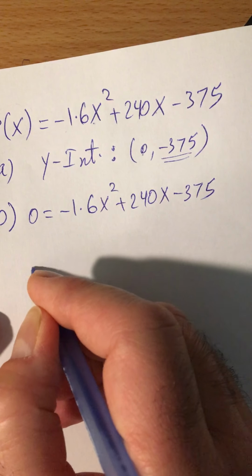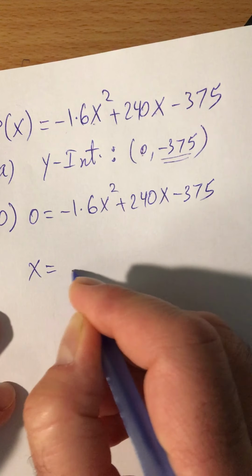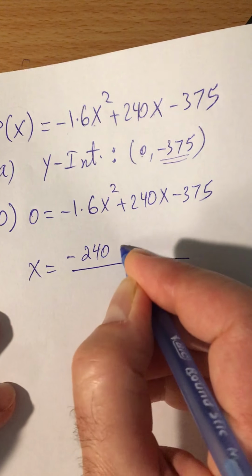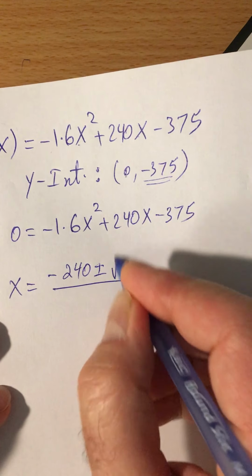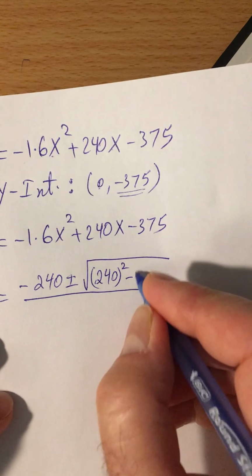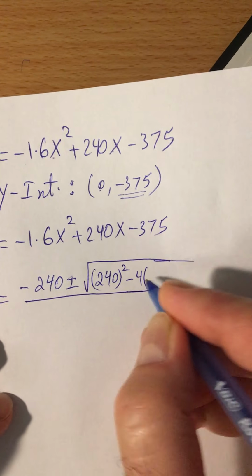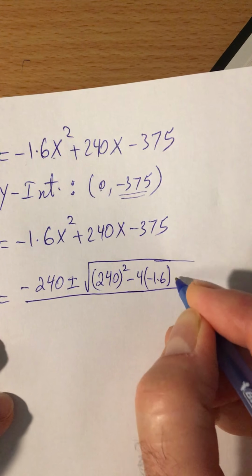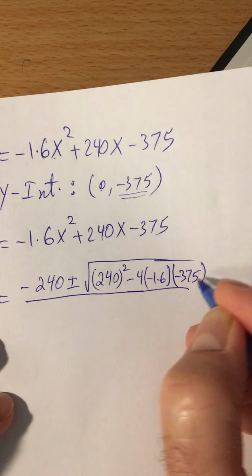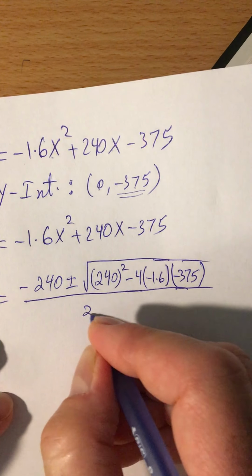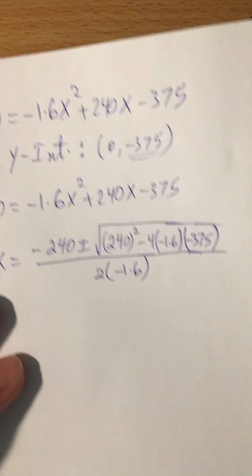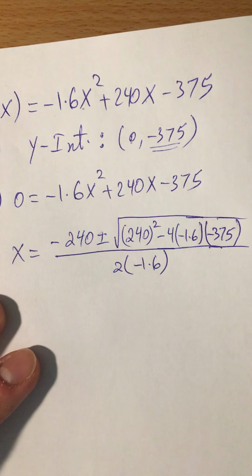All right, so what am I solving for? X, my b is 240, so negative b plus or minus square root of 240 squared minus 4 times a, which is negative 1.6, times c, which is negative 375, all over 2 times a. Okay, so that's how you solve for X.